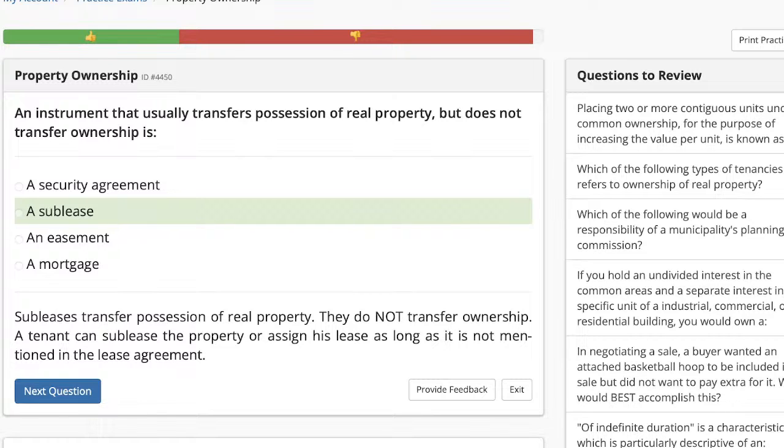A sublease, or sandwich lease, is when the lessor is also a lessee. Write this down: the lessor is also the lessee, because you're in the middle. They're renting from somebody, but they're also renting out to somebody else.